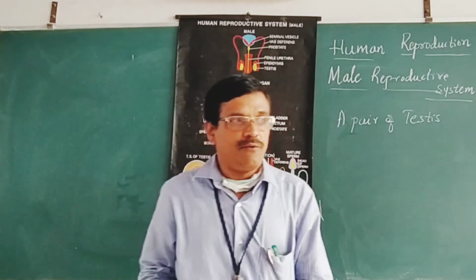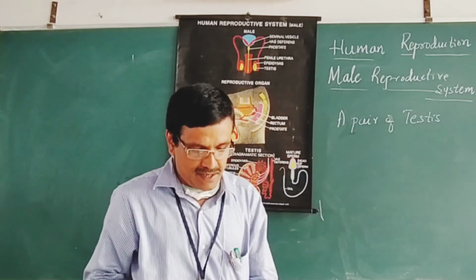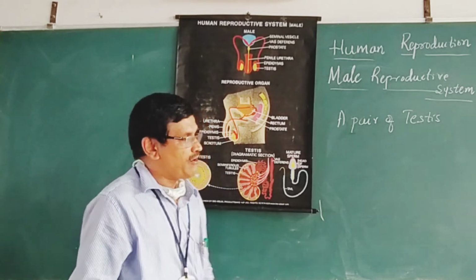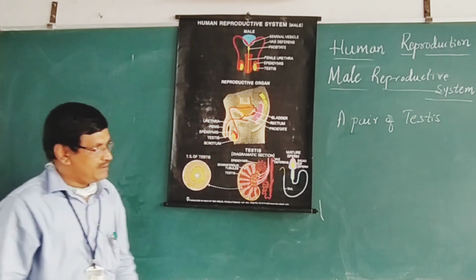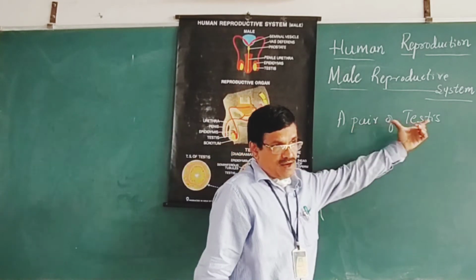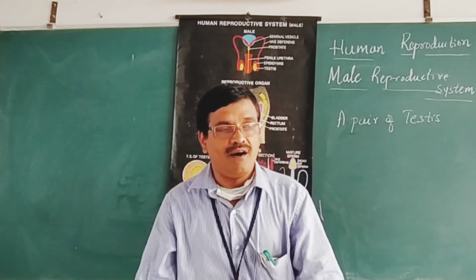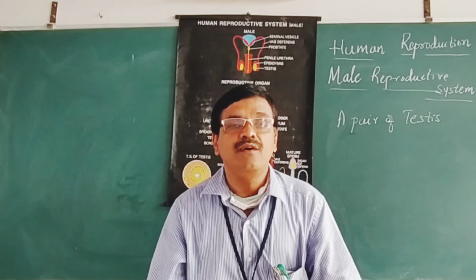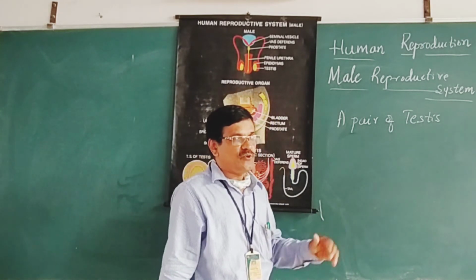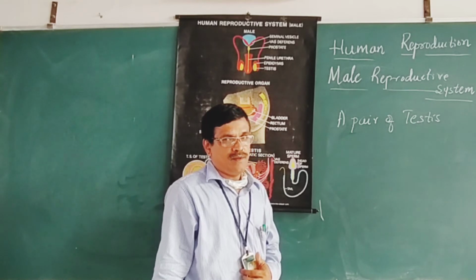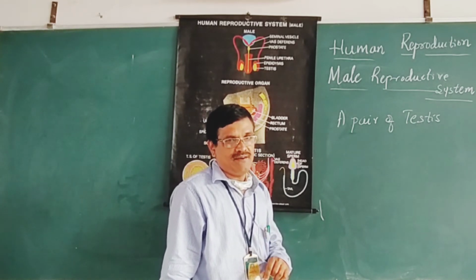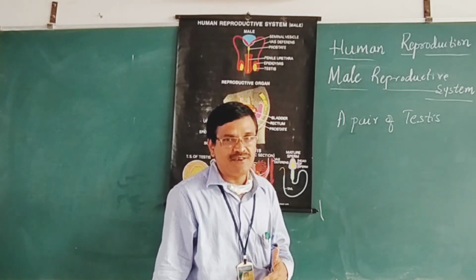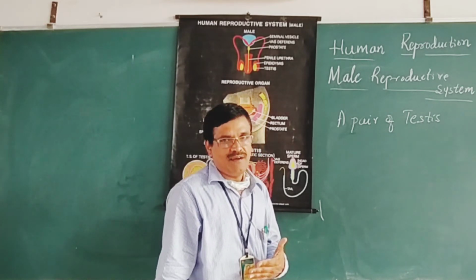The male reproductive organs are a pair of testes. Each testis is oval in shape, and it is situated in the lower side of the abdominal cavity, known as the pelvic region.